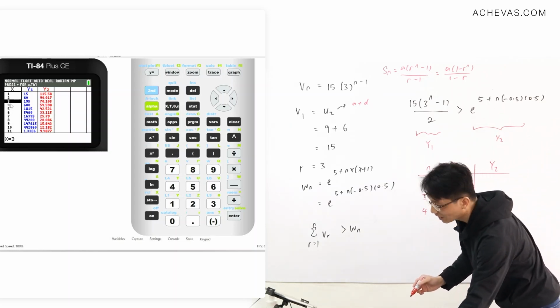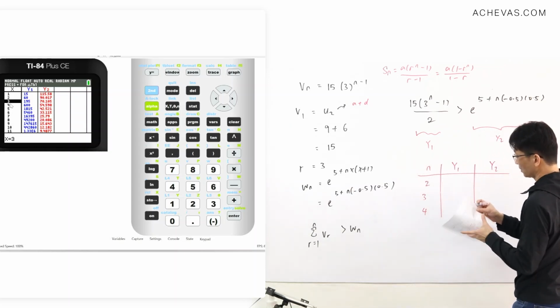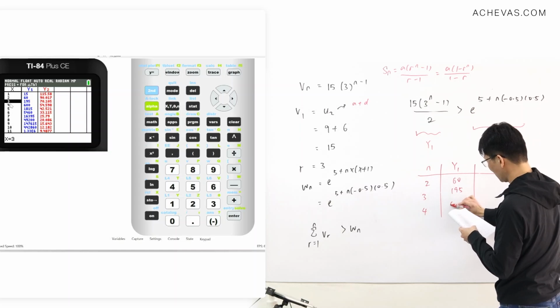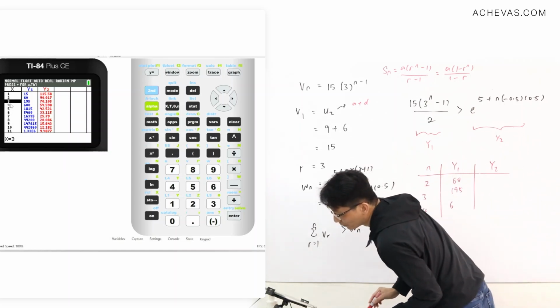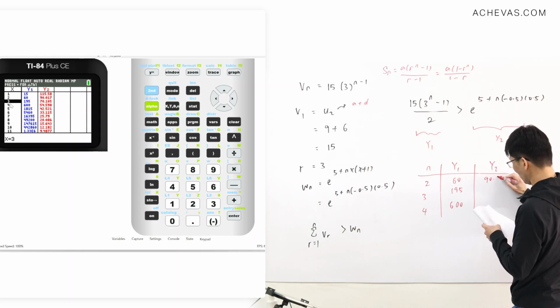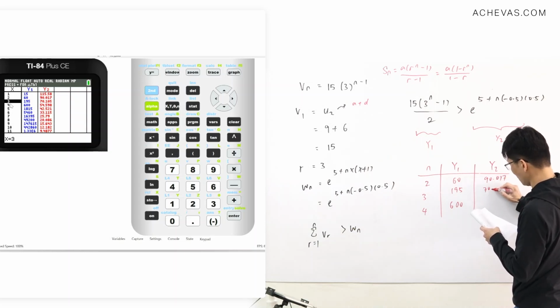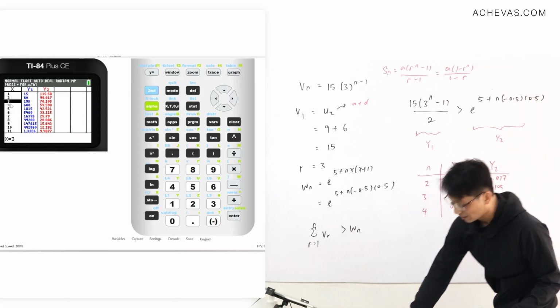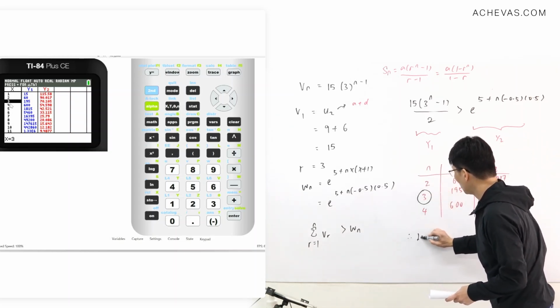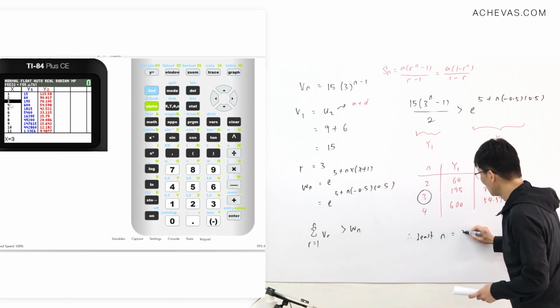And we will just write down all the values, which are 60, 195, 600, then 90.017, 70.105, 54.598. This will be my answer. So therefore, n will be equal to 3.